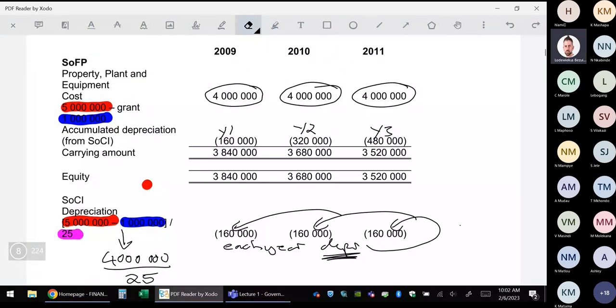So the net effect on the income statement, statement of comprehensive income, is 160 expense per year. If it is asset-based, and we reduce the cost of the asset.